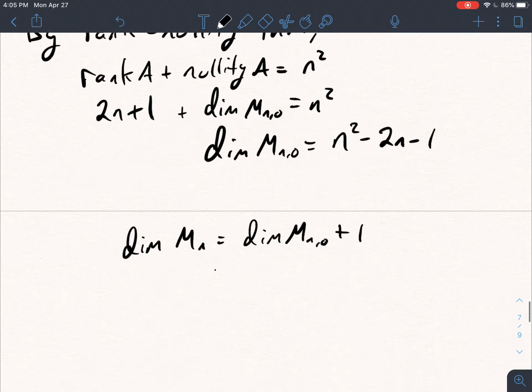And what's more, we can also apply what we said before and say that the dimension of M_n is equal to the dimension of M_n^0 plus 1. And so this should be n squared minus 2n minus 1 plus 1. And those are going to cancel, and we're left with n squared minus 2n.